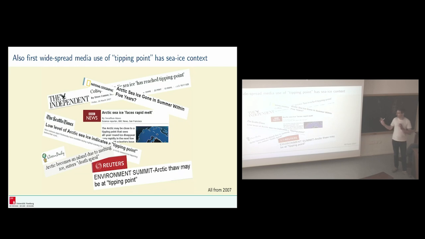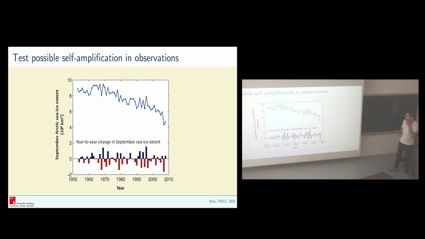The problem with all of that is that it doesn't really work for Arctic sea ice. And we did a bit of work on that back in the days. The main argument that we used, so I did a paper, There is no tipping point, in 2009 in PNAS. The main argument that I used there was simply looking at observations of Arctic sea ice, and what you find is that whenever sea ice decreased in one year, it always recovered the next year.